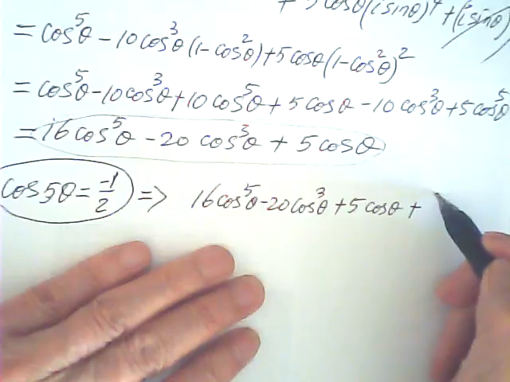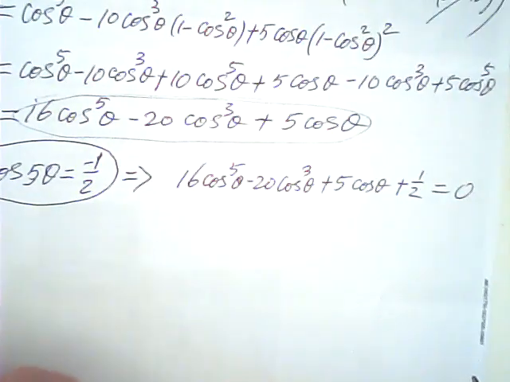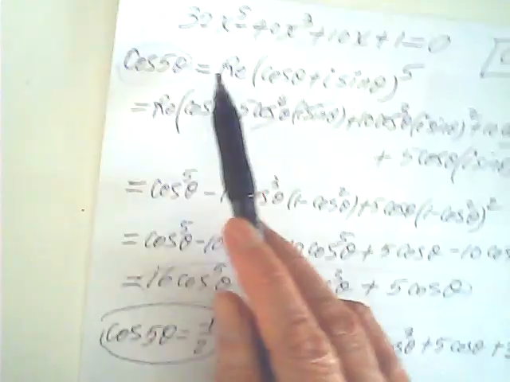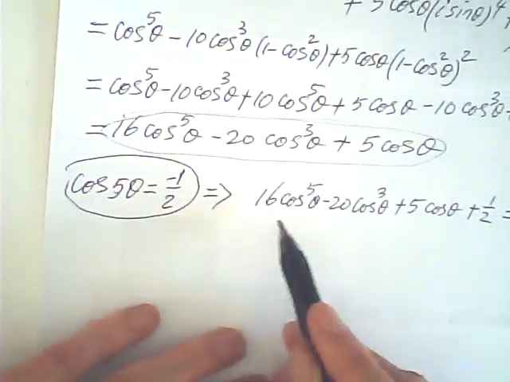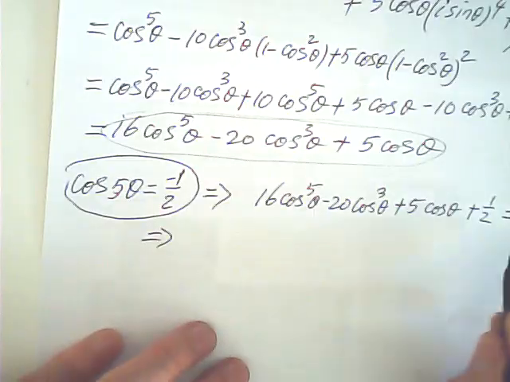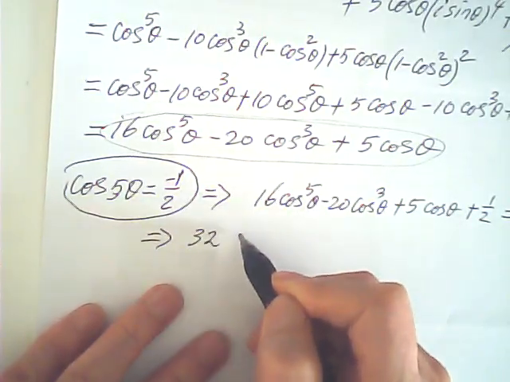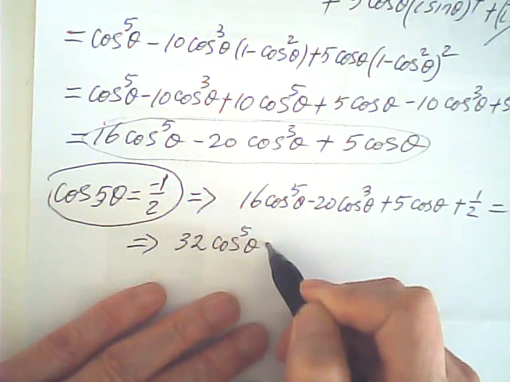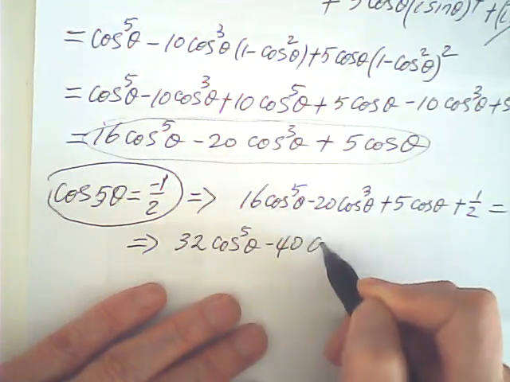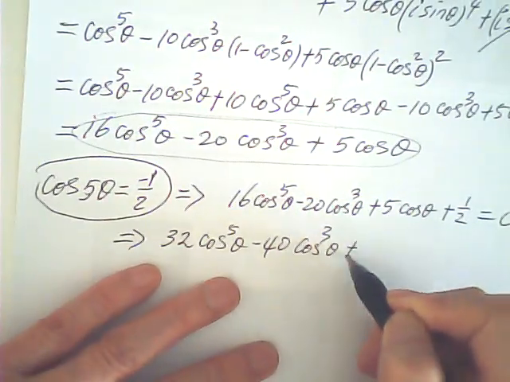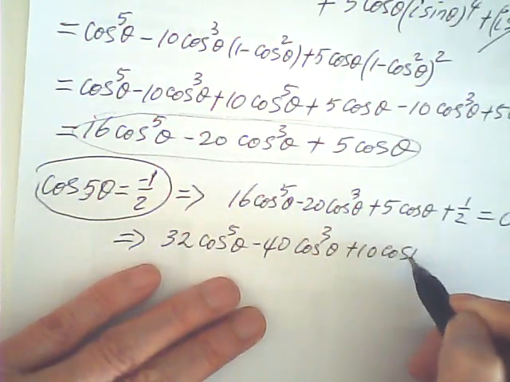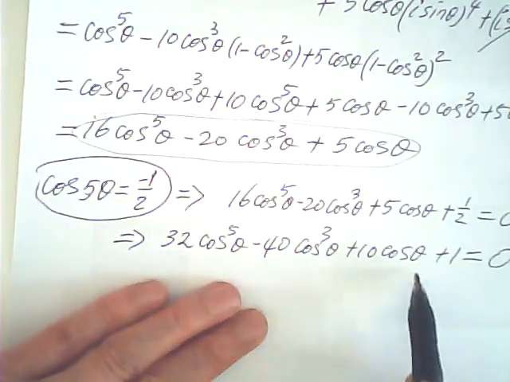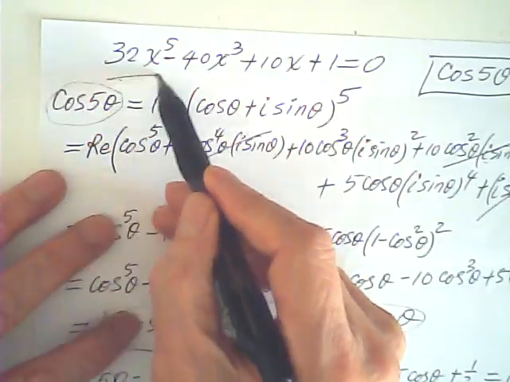Move to this side, becomes plus. If this is negative half, move here is positive half. Then I multiply by 2, I get 32 cosine fifth minus 40 cosine cube plus 10 cosine theta plus 1 is equal to 0. That's exactly this equation.